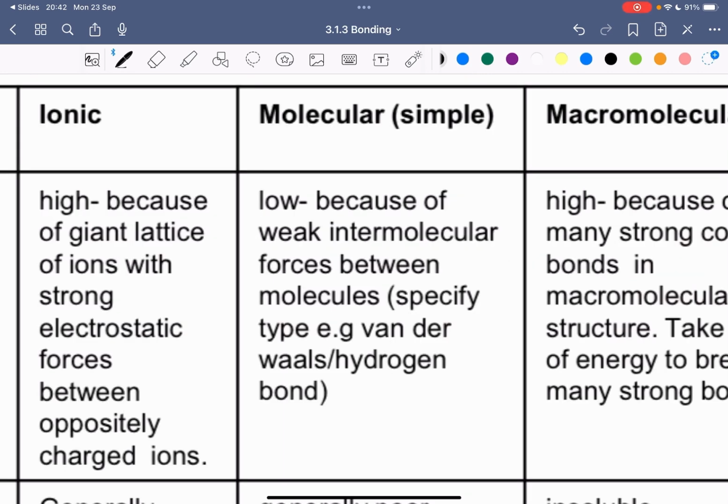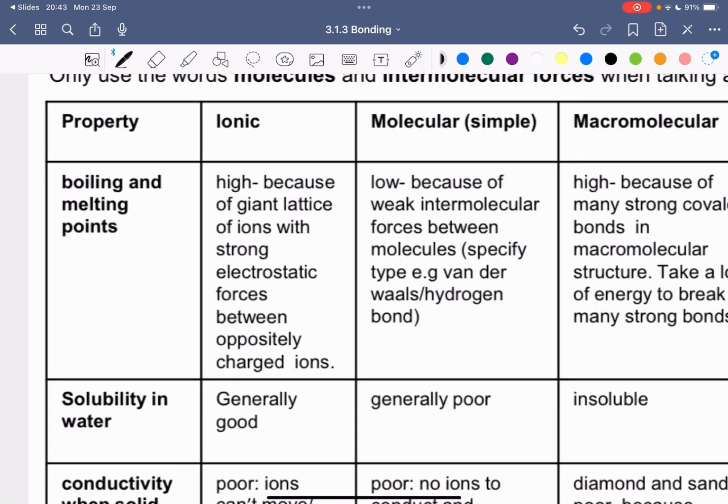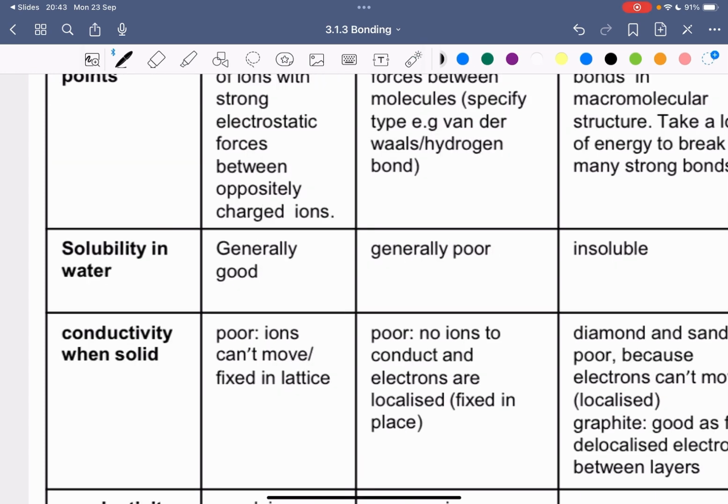Now, simple molecular structures have low boiling points, and this is because there's weak intermolecular forces between these molecules. Once again, we're going to focus on this more. They're generally not that good at dissolving in water. They're poor at conducting electricity, and this is because they have no ions or delocalized electrons to carry the charge.